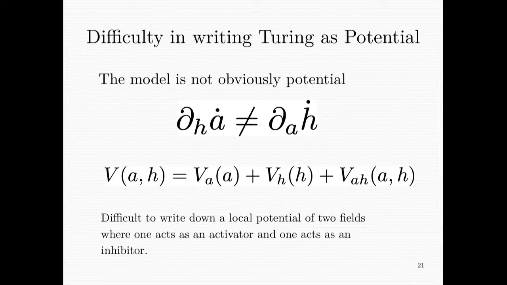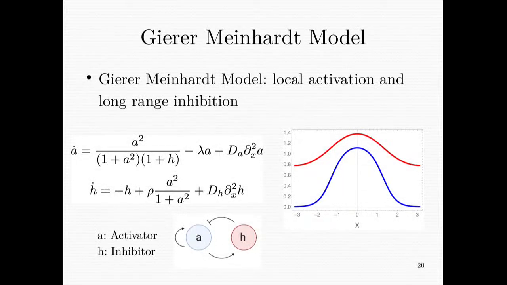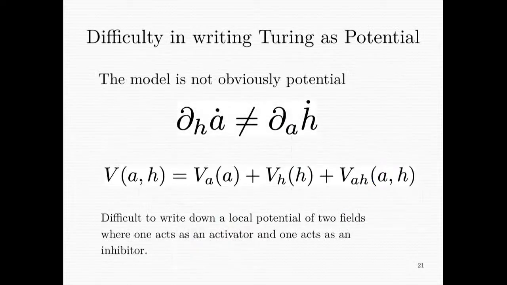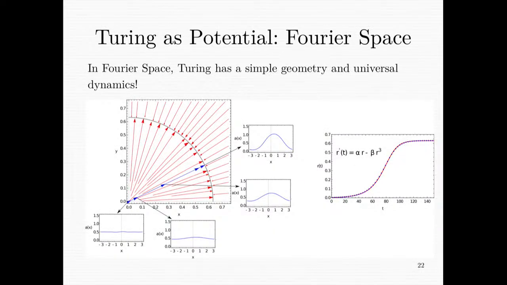So anyway, to just take these equations and try to write down a potential from which they derive in the normal way is a very difficult exercise. So we thought about this for some time and realized that actually it's much easier to think about these Turing patterns in Fourier space. In Fourier space, what's happening is that you have a homogeneous state, and in the homogeneous state there are some unstable modes.